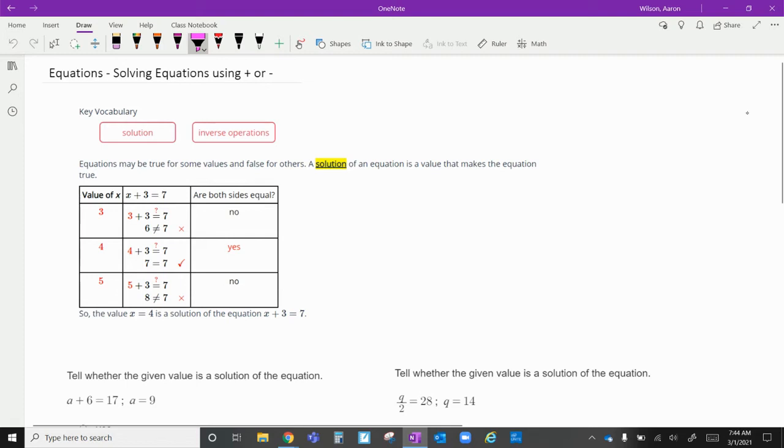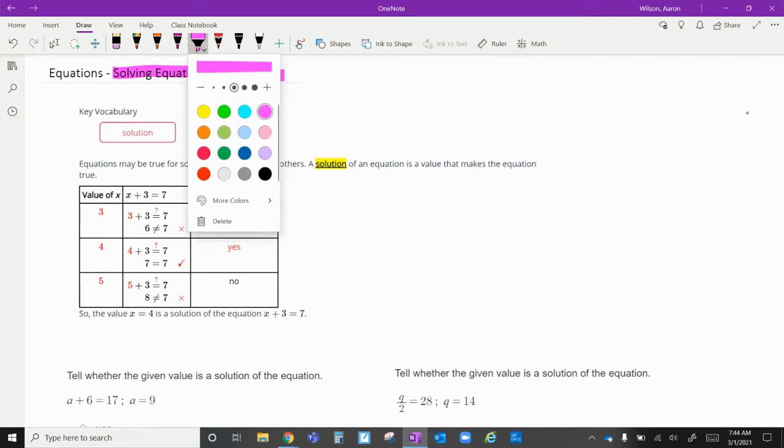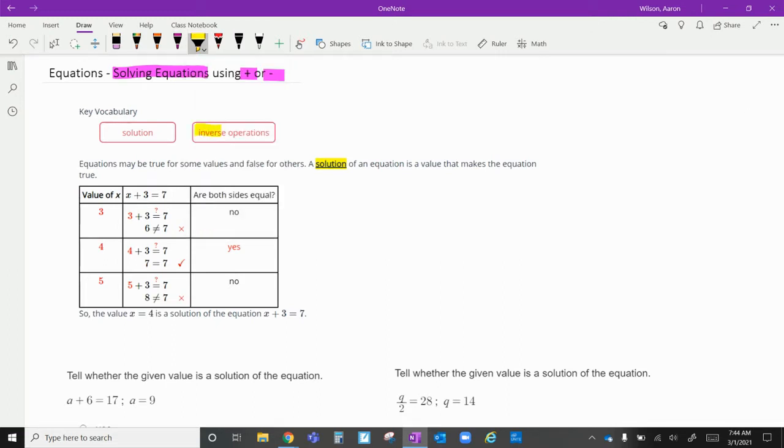In this video, we are going to be solving equations using either addition or subtraction. I'm going to be using some key vocabulary that I hope you understand: we will always solve equations by using what's called the inverse operation.